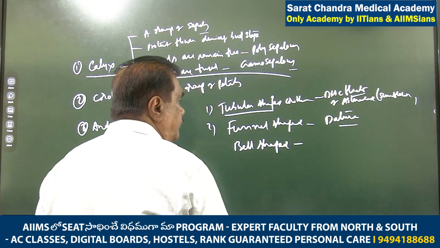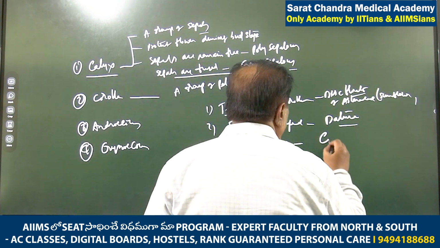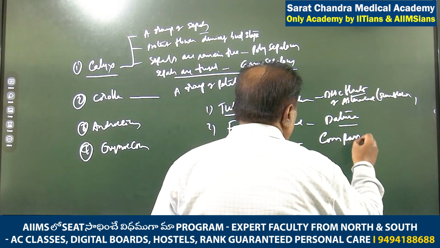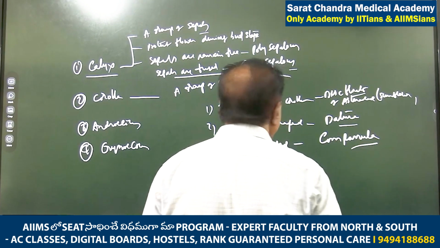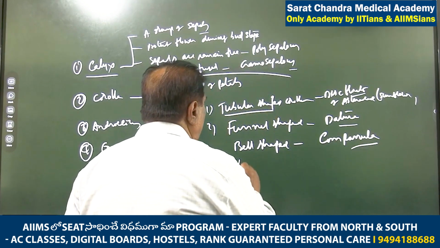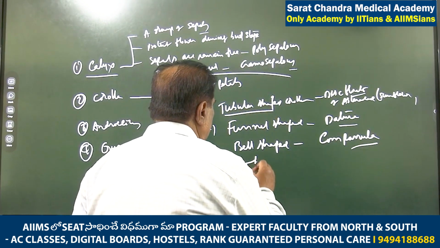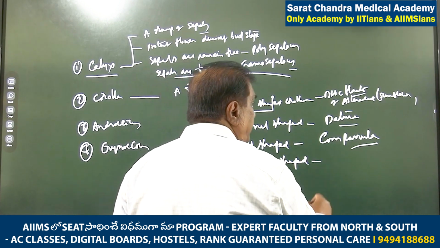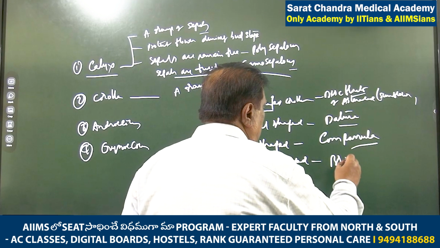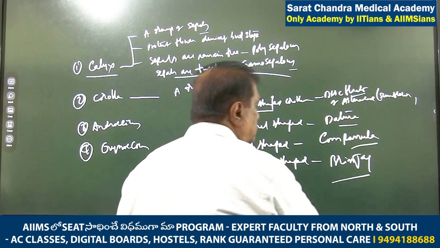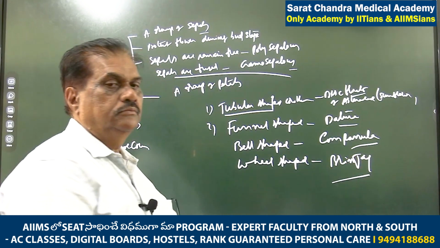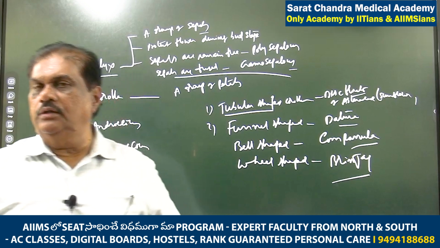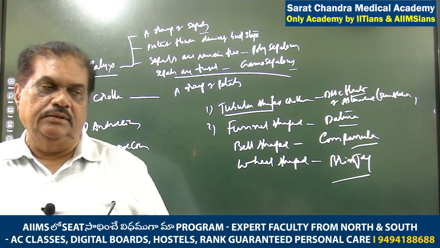Example for a plant that shows a bell-shaped corolla: campanula. And some are having wheel-shaped corolla. Wheel-shaped corolla can be observed in brinjal-like plants.